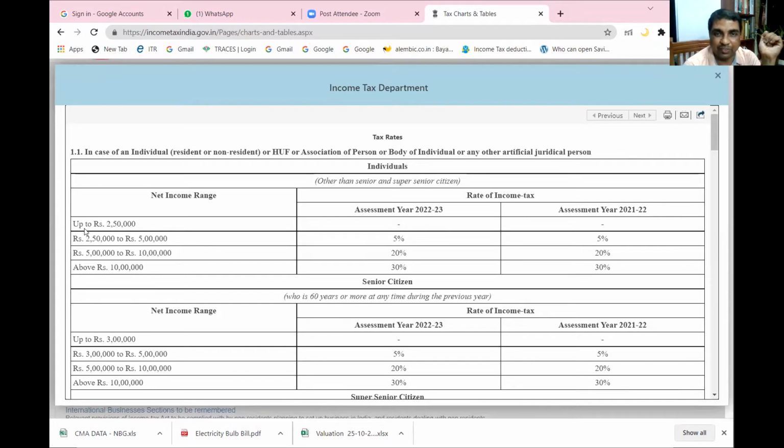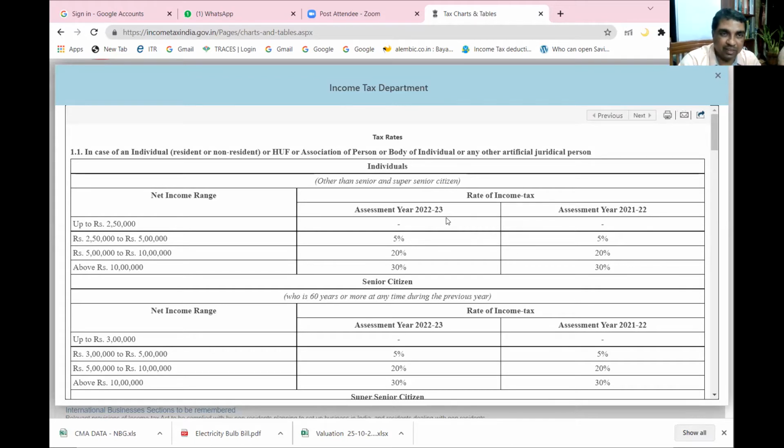You already know it is the tax rate for assessment year 21-22, as well as the tax rate for the assessment year, can you see it here? 22-23. 22-23 is also available here. That means the last budget, Finance Act 21, was containing both: the tax rate for the assessment year 21-22 as well as for the assessment year 22-23.